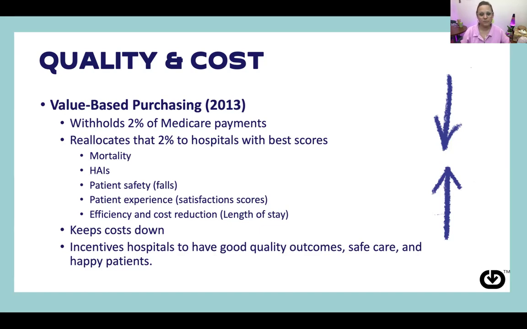And so when hospitals perform well in these areas, they get a distribution of that extra 2%. And this can add up to hundreds of thousands, if not millions of dollars for a hospital. So hospitals are really motivated to have good quality outcomes in these areas that really matter to patients. And by doing so, it also keeps costs down.